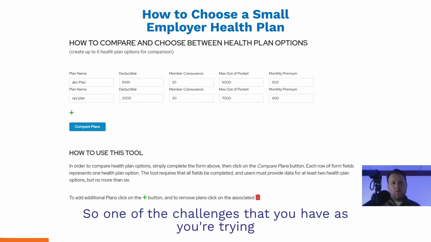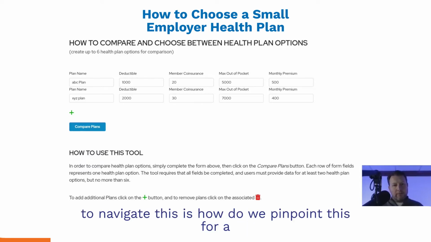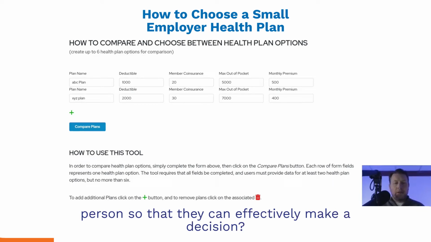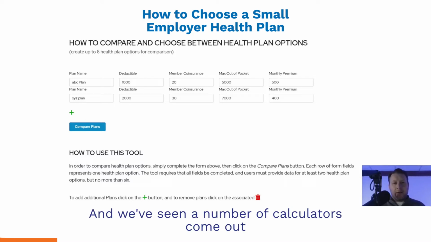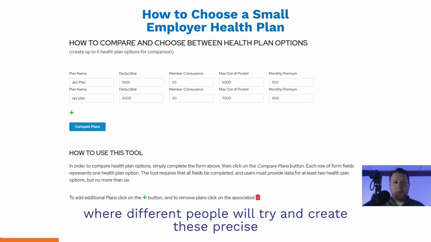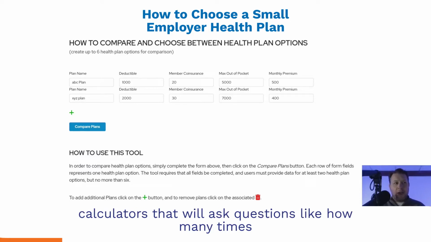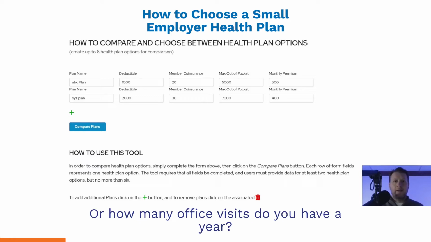So one of the challenges that you have as you're trying to navigate this is how do we pinpoint this for a person so that they can effectively make a decision. And we've seen a number of calculators come out where different people will try and create these precise calculators that will ask questions like how many times do you go to the ER per year, or how many office visits do you have a year.